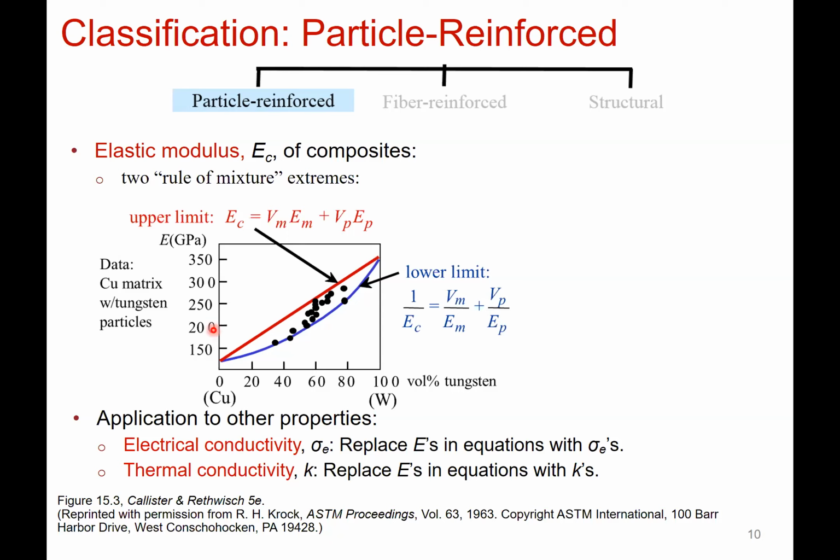The example for this data set is tungsten particles in a copper matrix, so this is a metal matrix composite. You can apply this rule of mixtures to other transport properties like electrical conductivity and thermal conductivity. This is lowercase k, not the same k that was asked about before in the chat, but that we've covered already, in thermal conductivity.